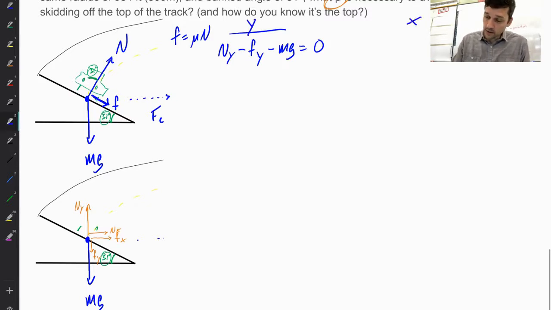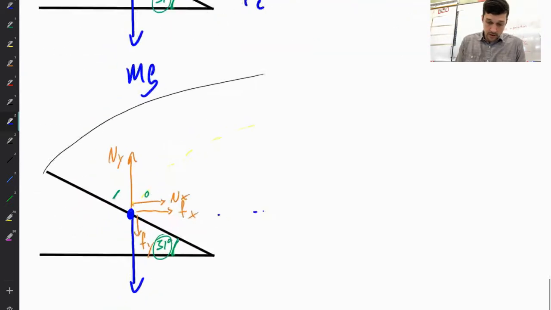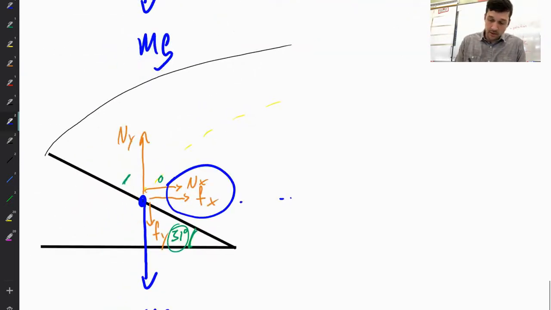In the x direction, we've got the centripetal force, aka the net force, equals mv squared over r. So what's the force or the forces contributing to centripetal force? That is both of these. We've got two horizontal forces: some of the normal force, hence the banked track. That's why you can go fast with the banked track.